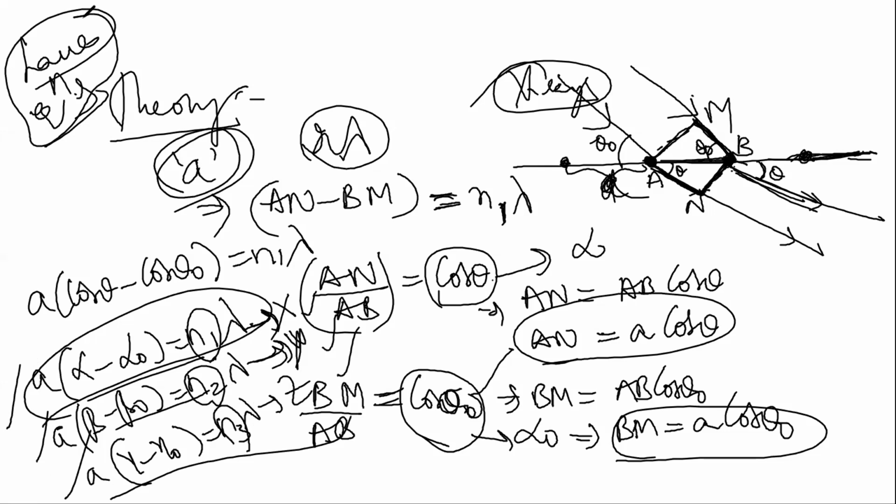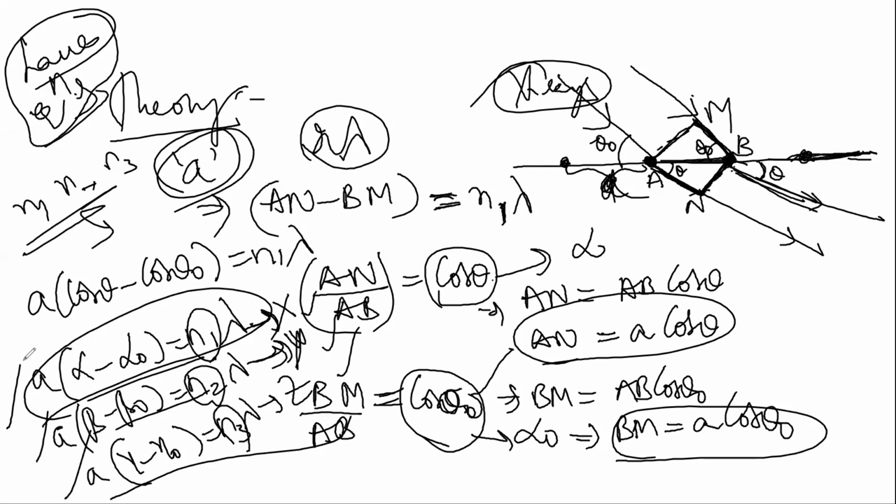You should remember, students, here N1, N2, N3 are order numbers for three different diffracted rays. These are different from Bragg's relation N1, N2, N3. You have to remember that.